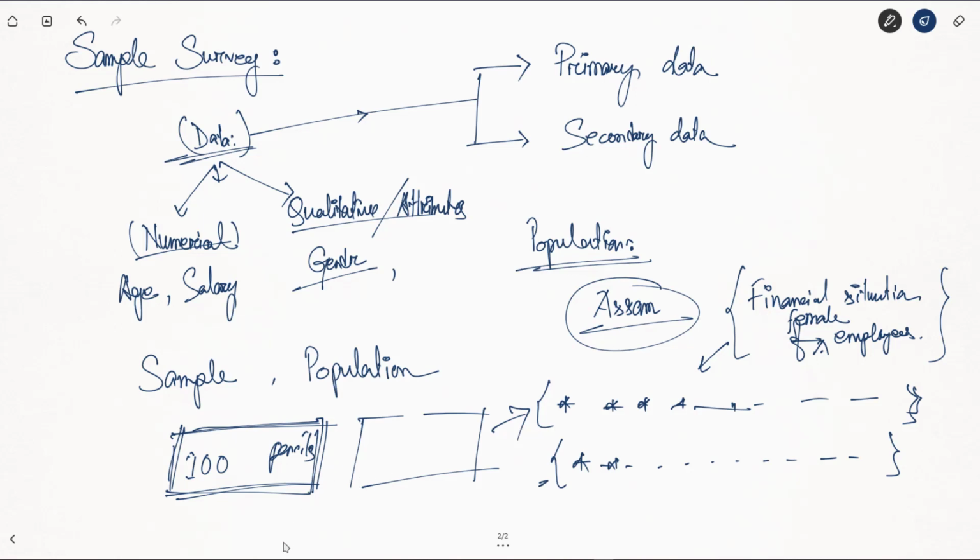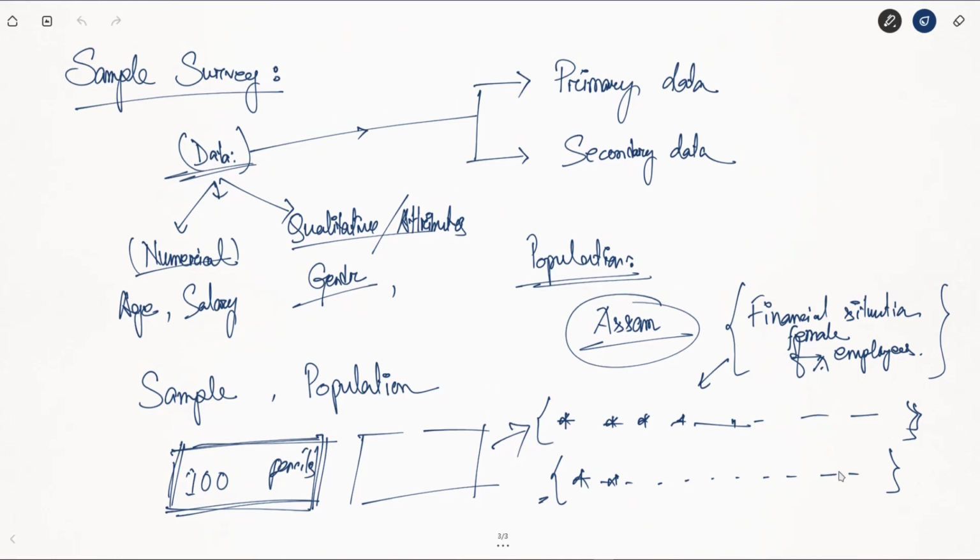The group of all exhaustive number of items in a particular area of interest will be called a population. Now often populations are very huge in terms of geographical area, or in terms of size, or in terms of time required to study them. So it is not always possible to study the entire population.